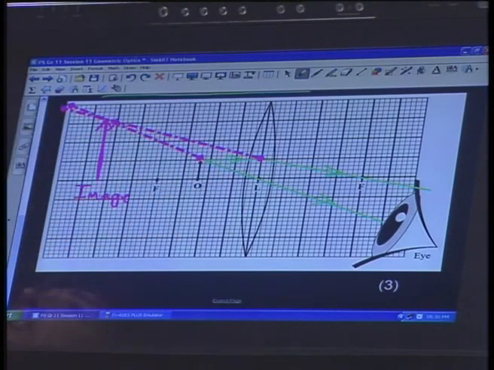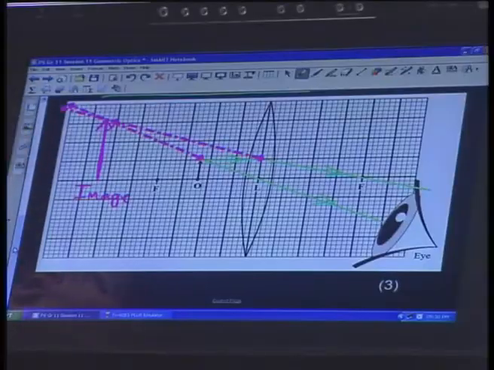I did use dotted lines. It makes it easier. I used a different color because that is what I had available, but you can use a different color if you want to, but dotted lines are generally the main thing that we use to show that we have extended it backwards. I do not include arrowheads in the extended light rays as they go backwards.